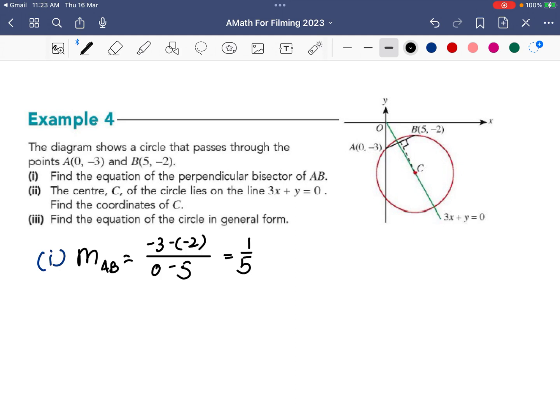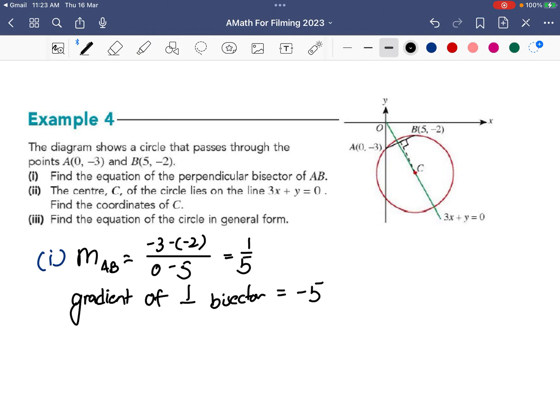So if you remember from your time in coordinate geometry, I can find the gradient of the perpendicular bisector: m1 times m2 equals to negative 1. So hence in this case, the gradient is negative 5 itself.